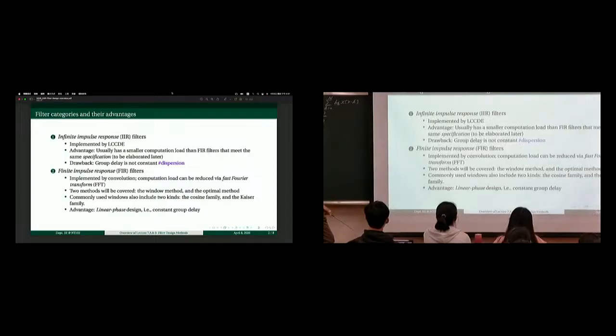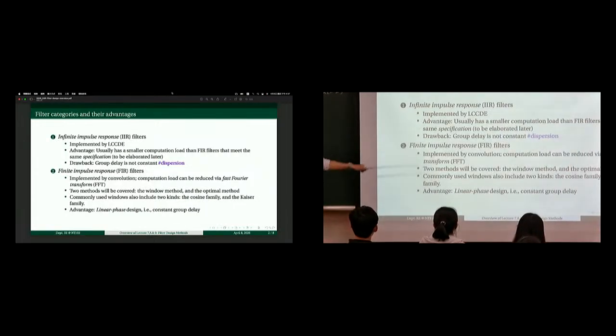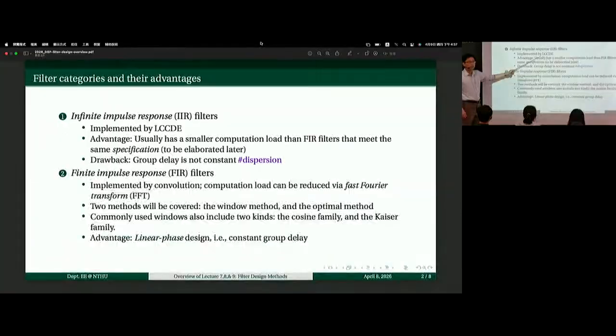First of all, the first point is about implementation. IIR is implemented by LCCD, linear constant coefficient difference equations, by this equation, particularly with the feedback terms right here.